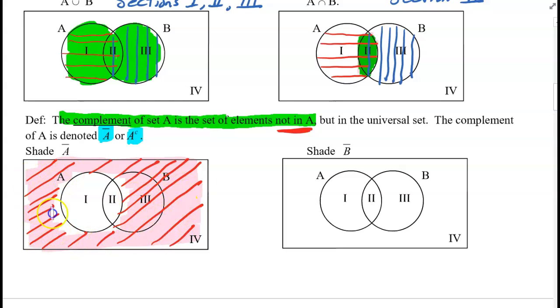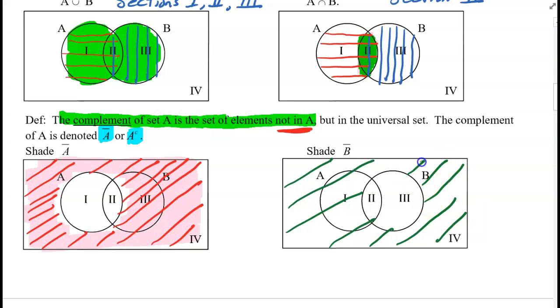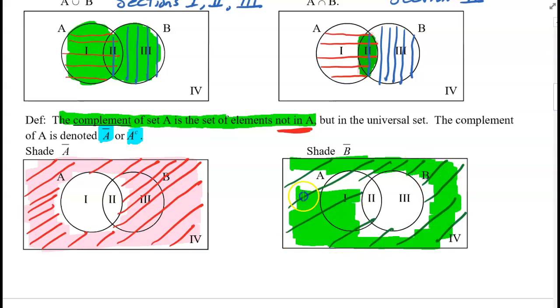So visually, that's A complement. In contrast, B complement is everything not in B. So B complement would be everything that I am using these lines for, and I'll highlight B complement here in green. So these are some of the vocabulary words that we need for this unit.